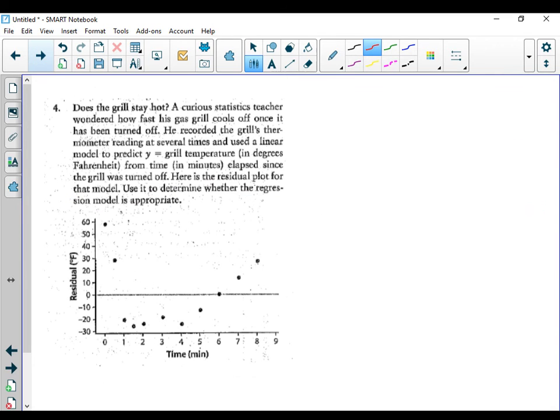If we compare that to number 4, we kind of have more of a pattern. If I were to follow along my points, it's not an exact pattern, but it kind of has this U shape to it.